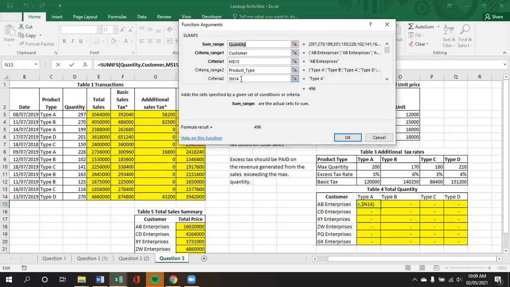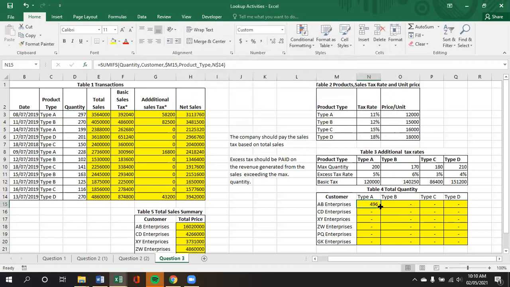When it comes to this AB enterprises, what we need to ensure is that the column is fixed. So therefore, it is a dollar mark in front of M. Yes, in front of M, and here it has to be. So let's work that combination out and see.